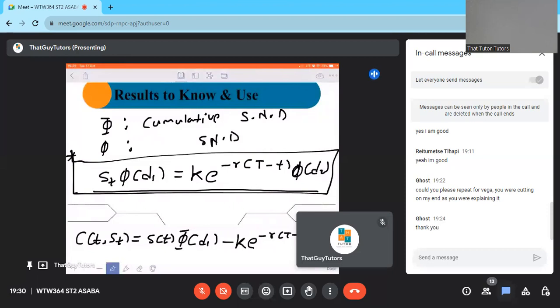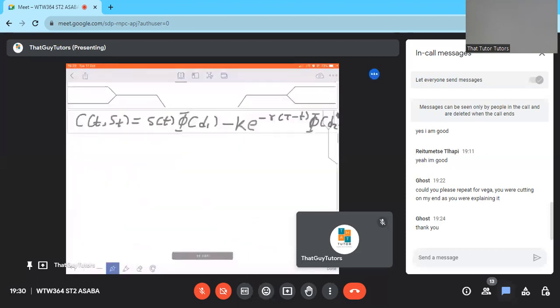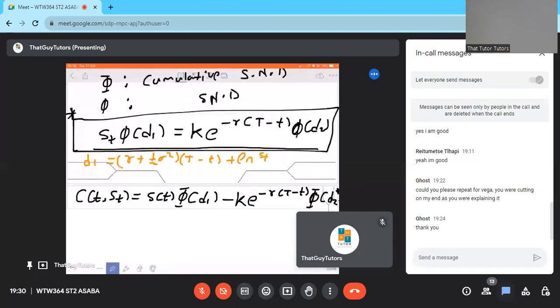By the way, to avoid confusion, I would write down D1: it is (r plus sigma squared over 2) times (T minus t), plus the log of S_T over K, all over sigma times the square root of T minus t.